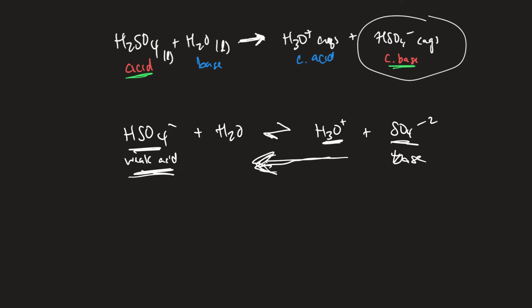This is the reason the reverse can happen: the weak acid has a stronger conjugate base, and if it has a stronger conjugate base, the base will be able to accept the hydrogen back, and then the reaction can go in reverse.